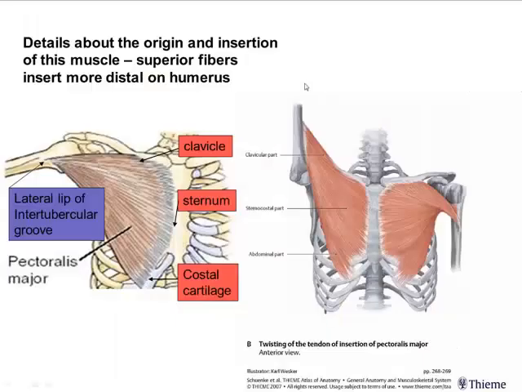The insertion is here, the lateral lip of the intertubercular groove, actually a little bit beyond the lesser tubercle here. And here is the origin of the muscle. If you pay attention to the insertion, you will notice that the superior portion of the pec major inserts more distal on the humerus, and the inferior portion inserts more proximal.